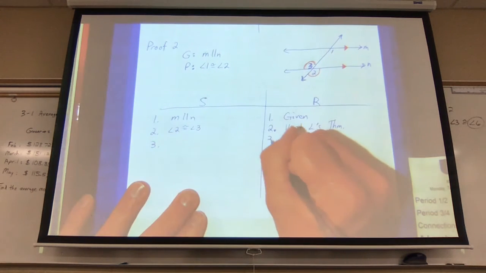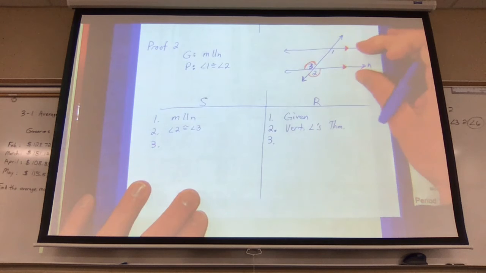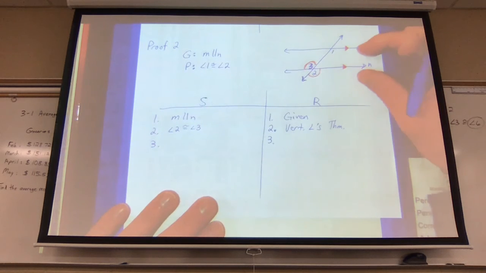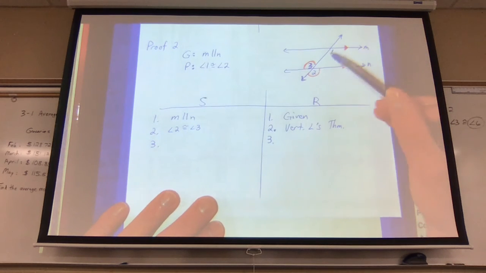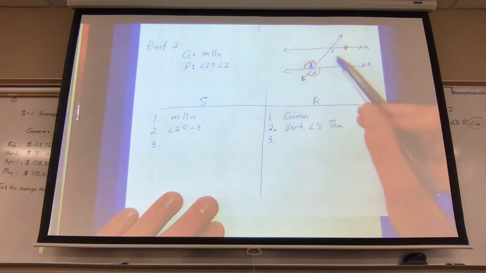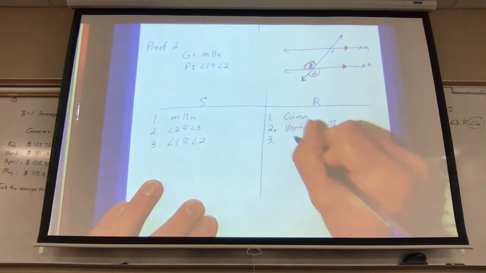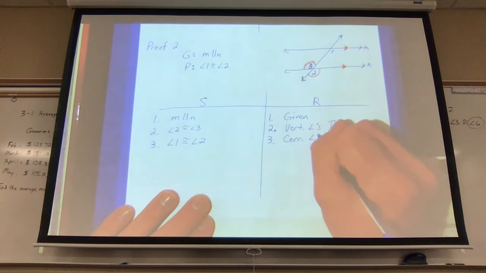And now for our third step, I'm going to go back to the given. They said M is parallel to N. So we've got parallel lines here. And as soon as those lines are parallel, angles 1 and 2, which are corresponding angles, become congruent. Once the lines are parallel, corresponding angles are congruent. So now I can also say that angle 1 is congruent to angle 2 by our corresponding angles postulate.